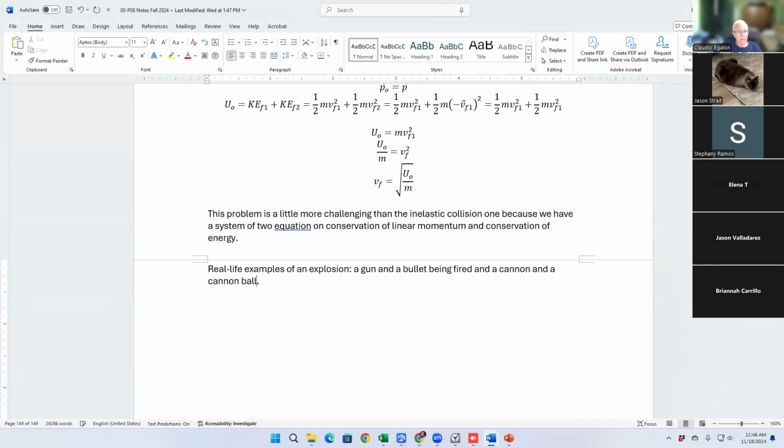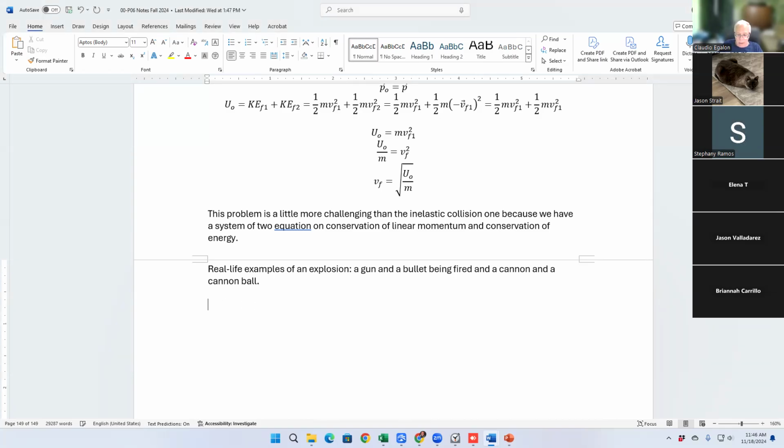Do you notice that when they fire the cannon, it moves backwards? The same thing happens with a gun, right? So is the bullet or the cannonball reacting with the gun and the cannon respectively? Newton's third law being applied.